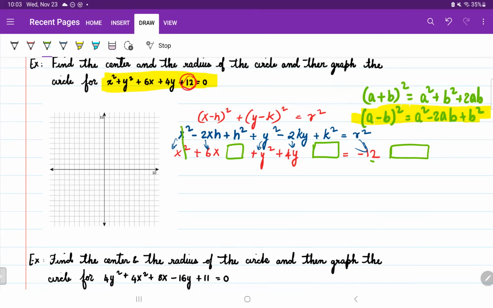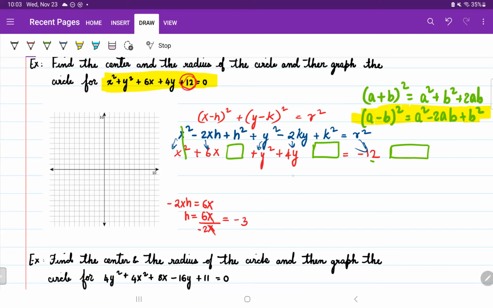The next one, we have minus 2xh equals 6x. So here we're trying to find what h is, right? So h is 6x by negative 2x. You cancel both the x's and then you get minus 3. So our h is minus 3.